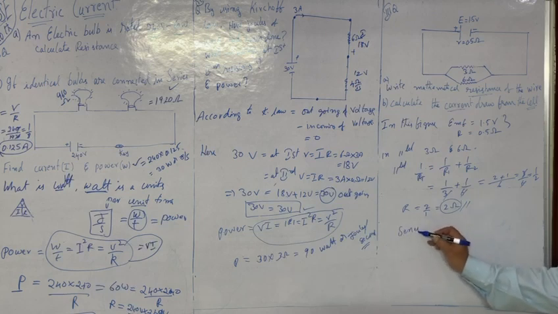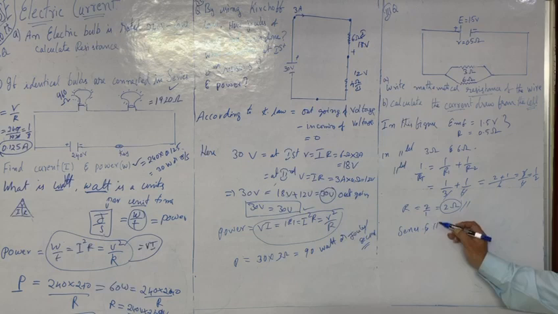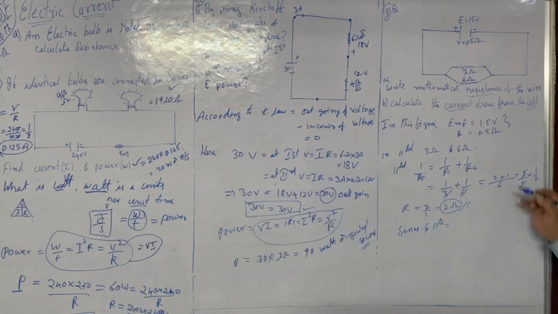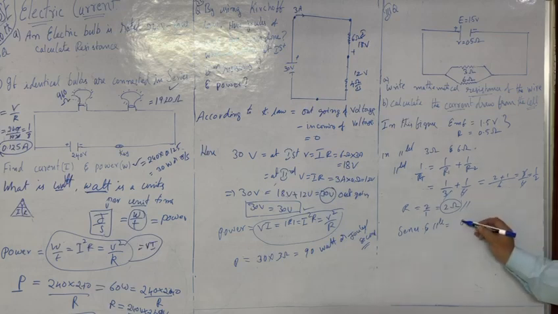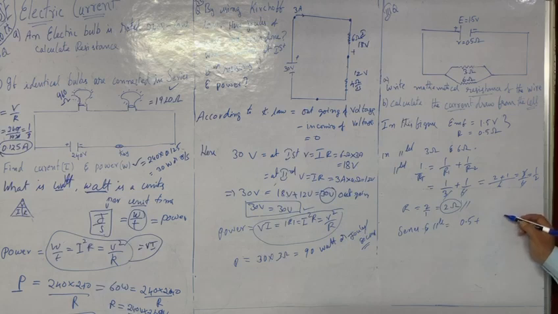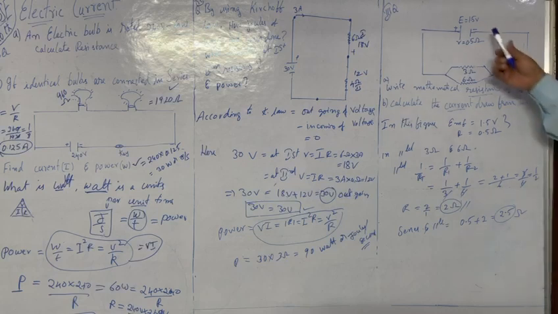Here, 0.5 plus 2 ohms is equal to 2.5 ohms. This is the resistance, 2.5 ohms.